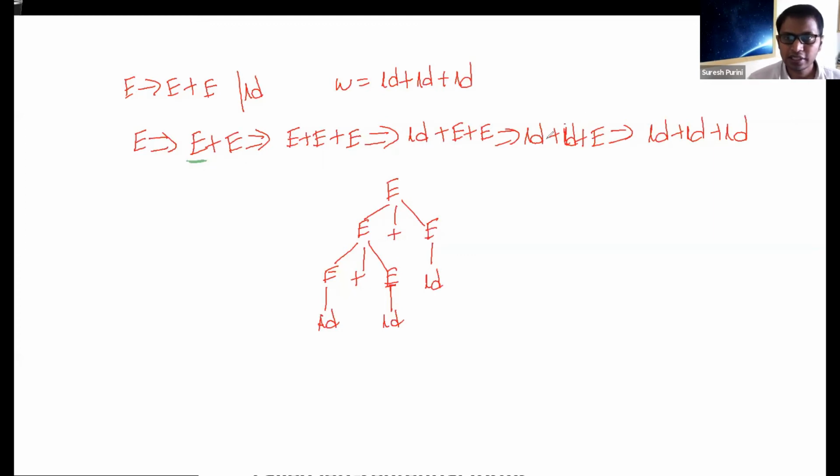So this is the parse tree. The derivation that we did here is called a leftmost derivation, and this is the associated parse tree.